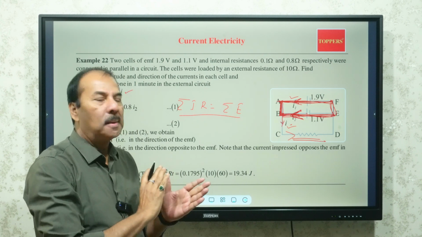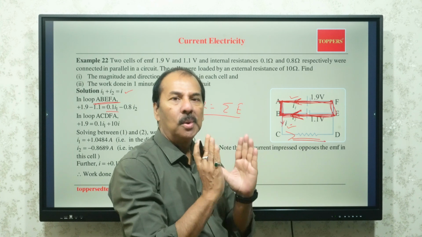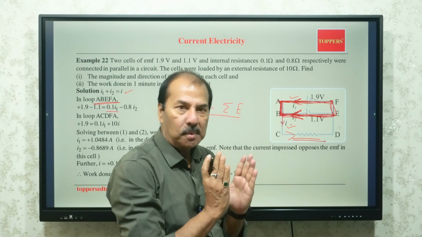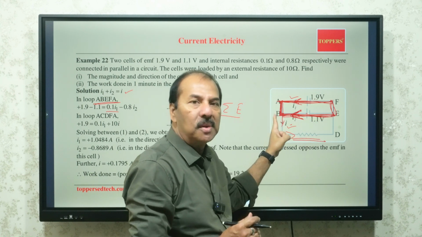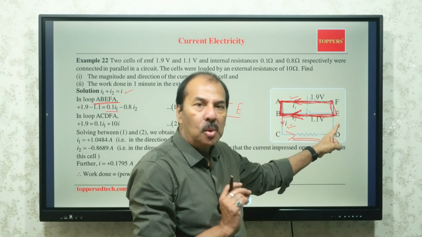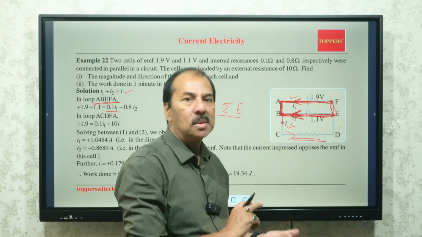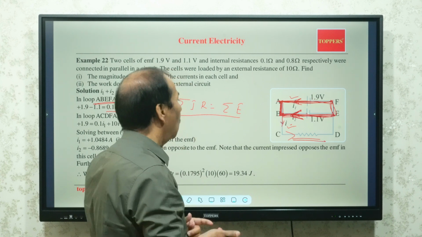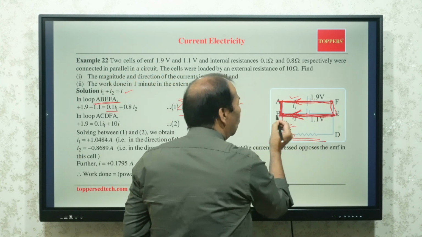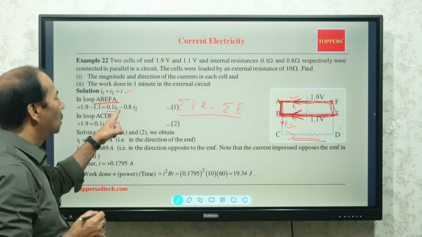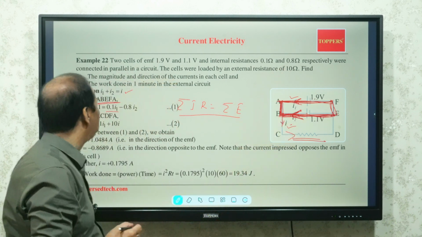If you take loop movement as positive, then the current in that region will be taken with the same sign if it is also moving along the loop, or with the minus sign if it is in the opposite direction. Here we are moving from B to E, but the current tends to move from E to B, so it is minus sign. So minus 0.8 I2.